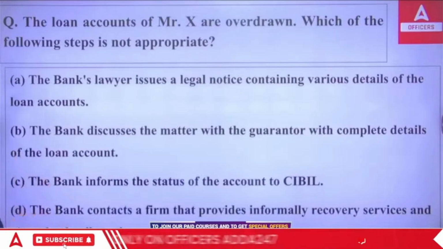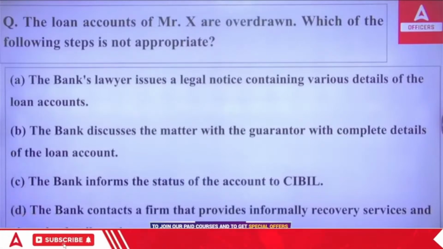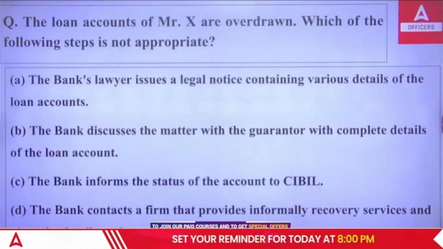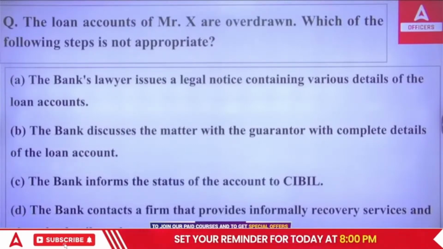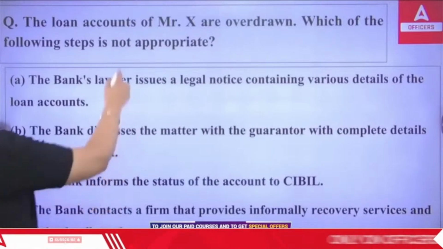So out of these four situations, which of the following is not a right step to be taken? Which of the following is correct? So it is not an appropriate step.